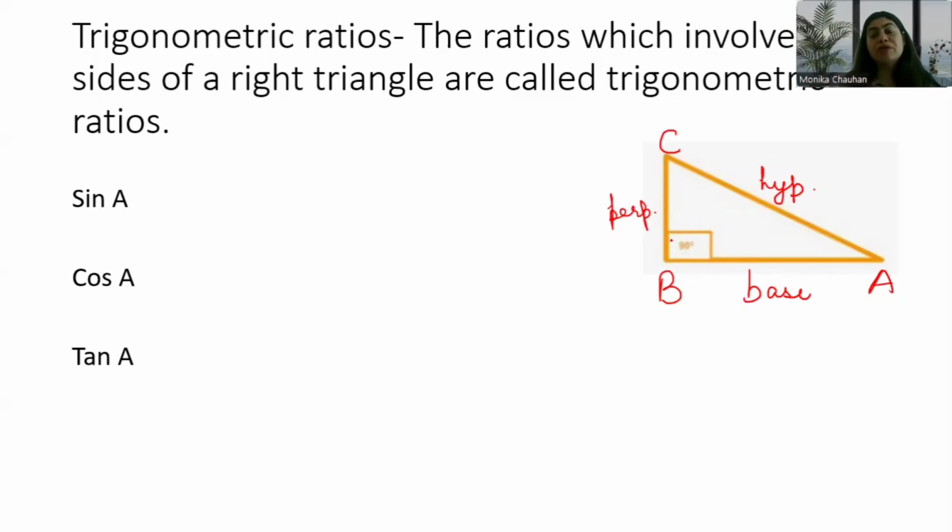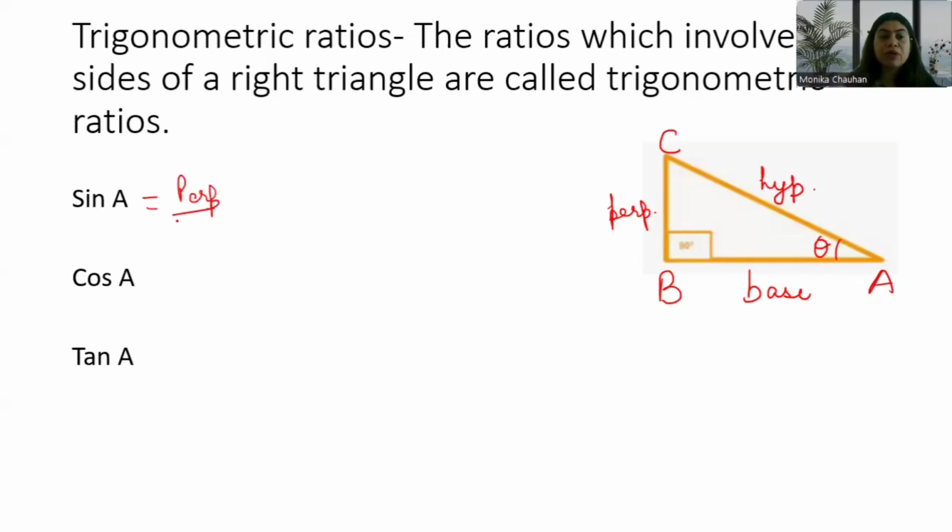Now, how are you going to define this? Sometimes they call this angle theta, that is also fine. You calculate sine theta or cos theta, still the same. So I'm calculating sine A. Now what is sine A? Sine A is always perpendicular upon hypotenuse.